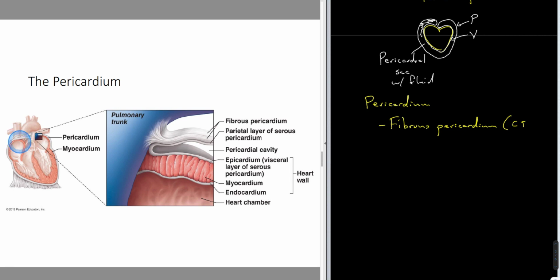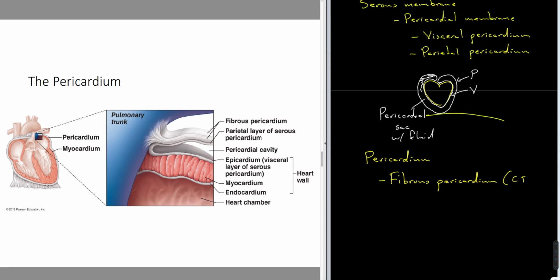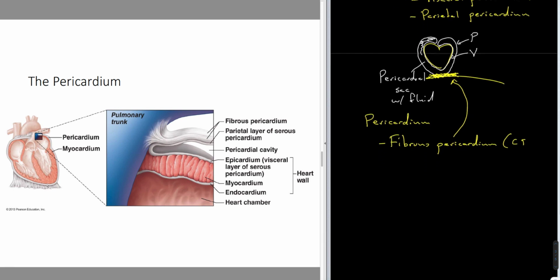So we have the pericardium up on top, holding the major blood vessels, and we have the pericardium on the bottom, anchoring the heart to the diaphragm. So if this was my heart, here's my diaphragm, I would have dense connective tissue anchoring it, holding it into place. That is the fibrous pericardium. Okay.